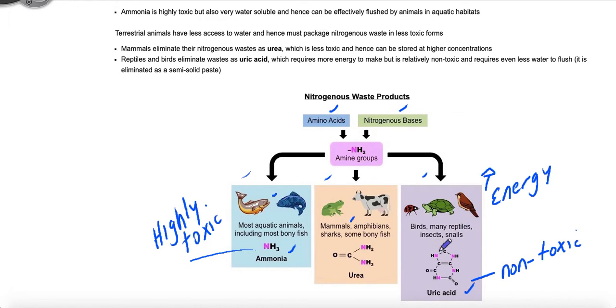If you don't have access to water, you have to find a waste product form that is not toxic. The trade-off, of course, is that it takes energy to convert these products into uric acid. But if you live in areas where you have access to water, then you're not going to spend that extra energy. You're going to deal with the highly toxic waste product because you can flush it out with water. So it's kind of like a trade-off, right?